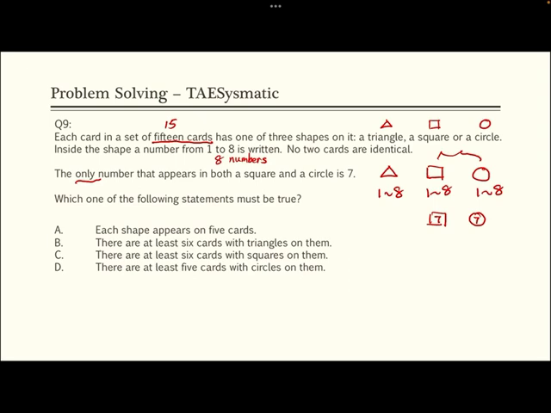In other words, no matter what other numbers, whether you are in the circle or in the square, the numbers should be different. No same numbers anymore. Which means if 1 is in square, then 1 cannot be in circle, because only 7 is the common number.